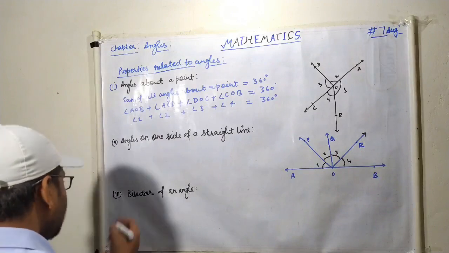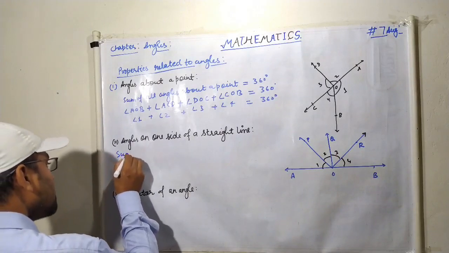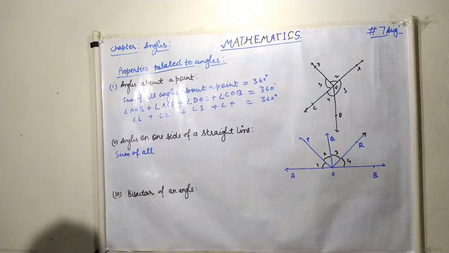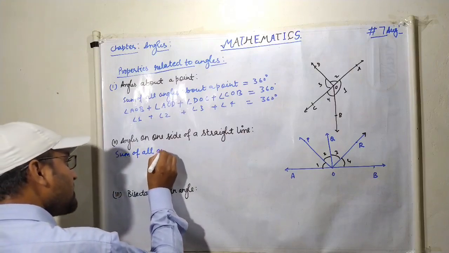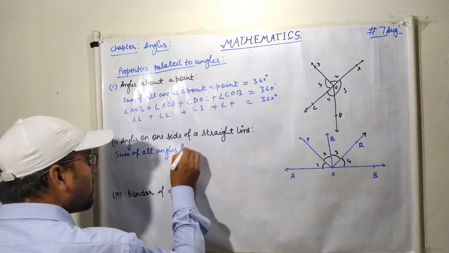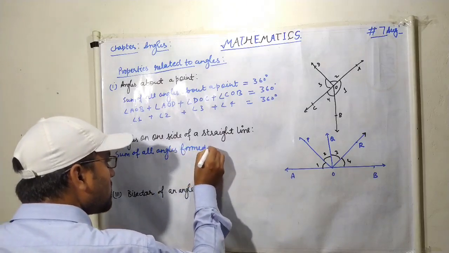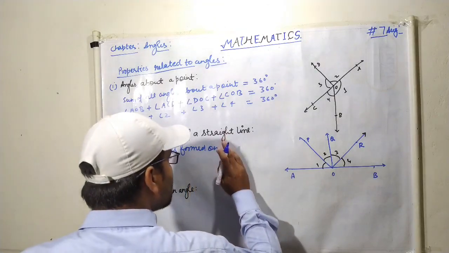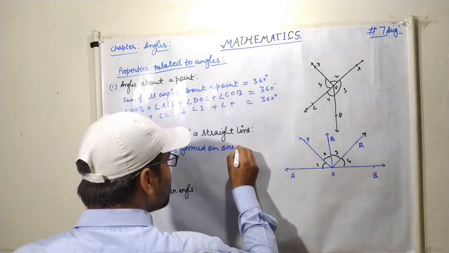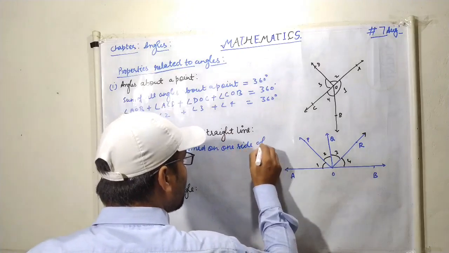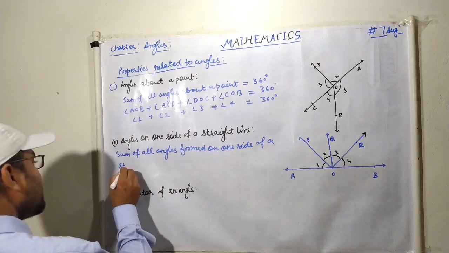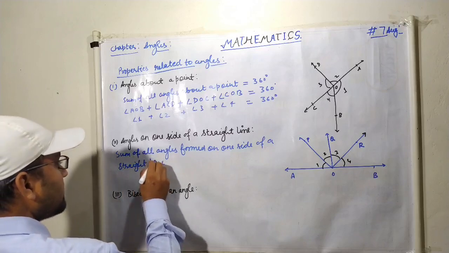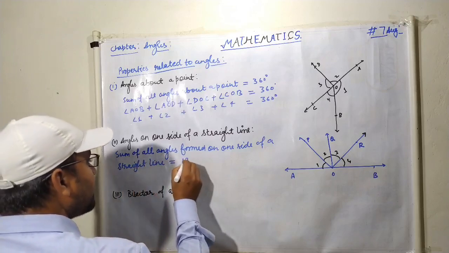So sum of all angles formed on one side of a straight line is equal to 180.